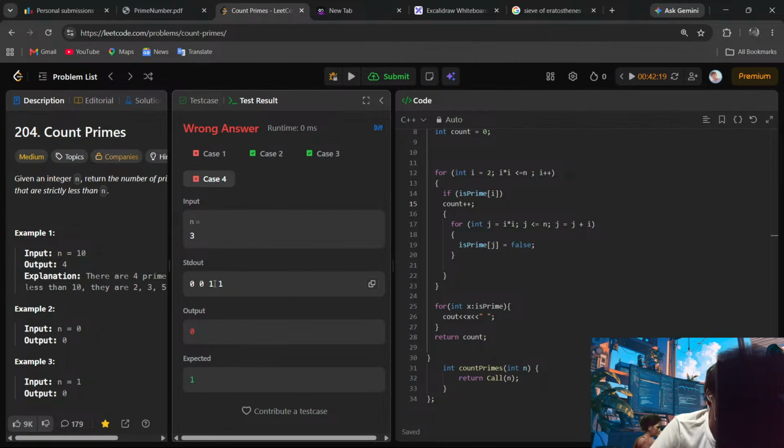Here, the expected value should be 1, and for 3, the major problem is that this loop will go only till under root n, and it will never traverse over an edge. So that's the problem. I have to traverse over n if I want to know whether this is a prime.